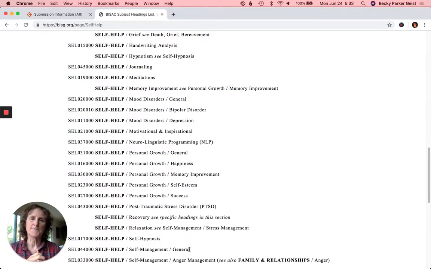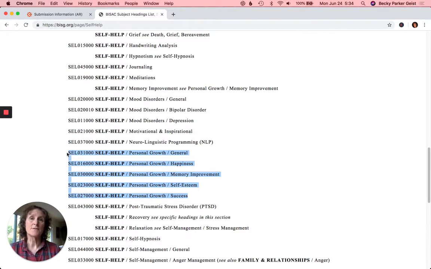The next thing I want to suggest is that you make a list of all the possible BISACs, all the categories. All right, so let's say, for example, that you've got a book that covers all of these self-help, personal growth. What I would suggest is copy all of those and put them into a Word document or an Excel sheet, whatever's easy for you, okay?